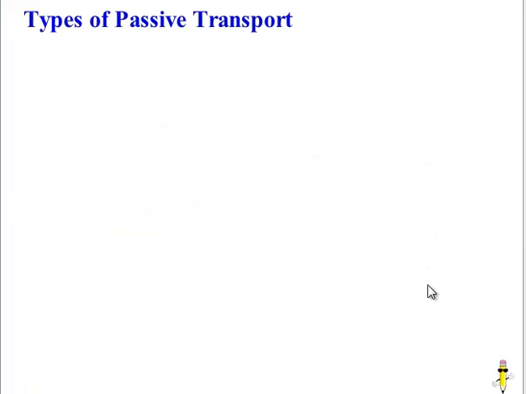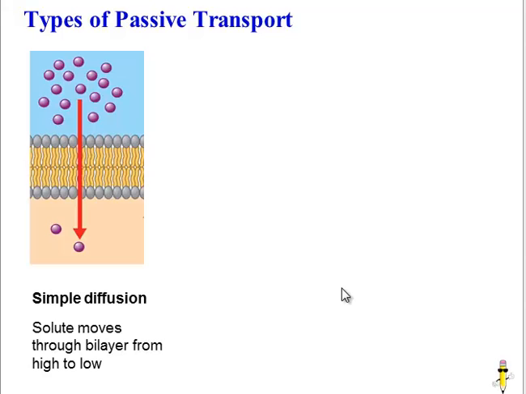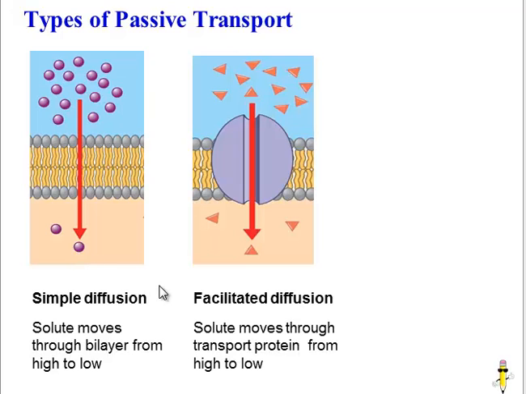There are a few different types of passive transport. The first type is simple diffusion, and this is where you have some solute molecules and they move right through the lipid bilayer from high to low concentration. Then you have what's known as facilitated diffusion. To facilitate means to help. So this is when we have a transport protein helping diffusion along. Again, we've got solute molecules in high concentration here.